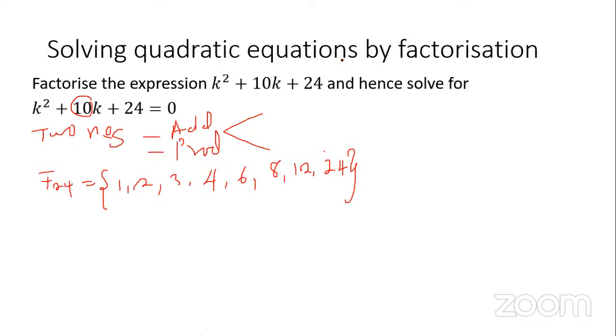So I have here 4 plus 6 is equal to 10. When I get 4 times 6, I'm going to get 24. So the numbers are 6 and 4. Thank you very much. Anyone with a different answer, different idea?